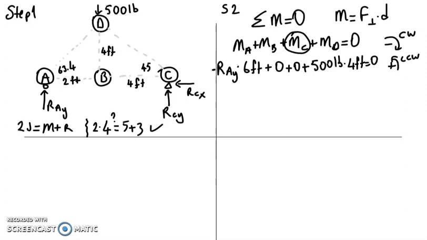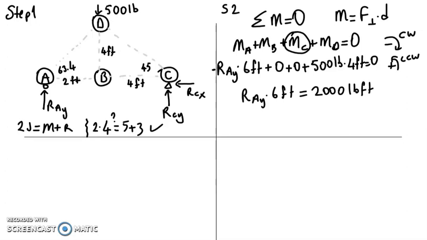Equals 0. From that, when you do the calculation, you will get, okay, let me rearrange the system. R times 6 feet equals 2000 pound-feet.